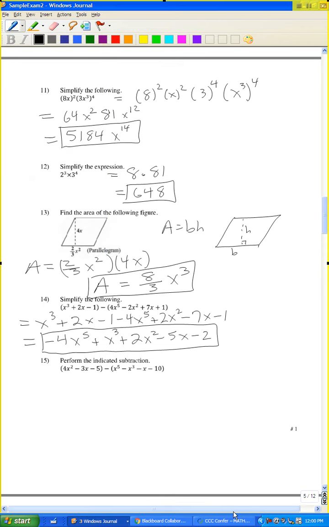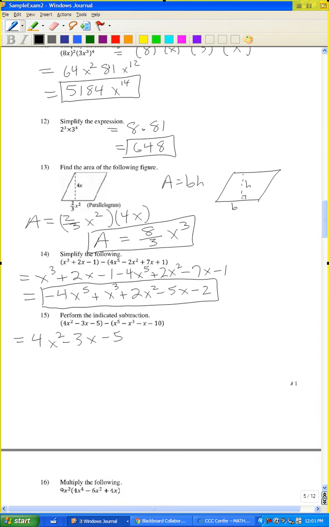Okay, let me do problem number 15, which is, again, let's get rid of the parentheses. So 4x squared minus 3x minus 5. Since I have a negative outside the parentheses, I'll change all the signs inside the parentheses. So negative x to the 5 plus x to the 3 plus x plus 10.